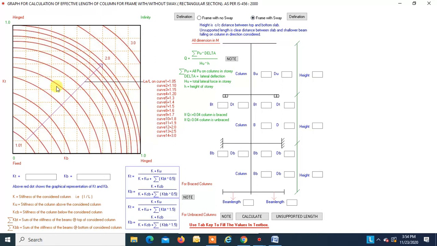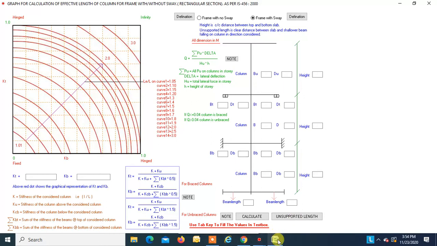Each coordinate in this graph refers to LE by L. LE is the effective length, L is the unsupported length. So whatever coordinate we get from the graph, we multiply it by the unsupported length. So LE is equal to unsupported length into the coordinate, which will give us the effective length, right?